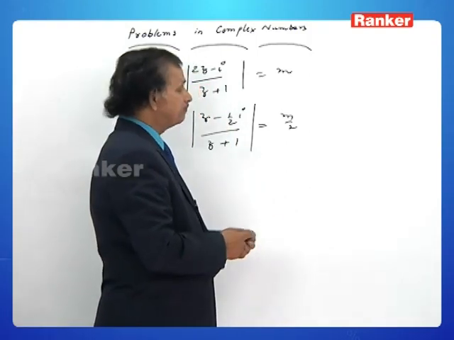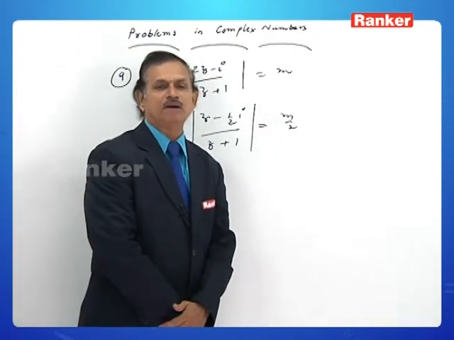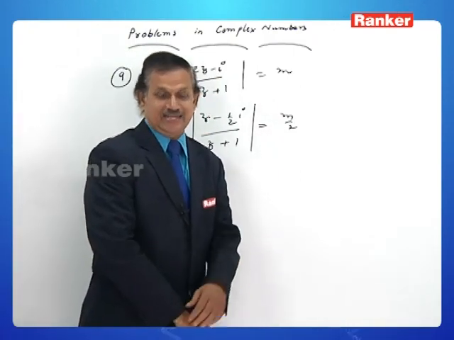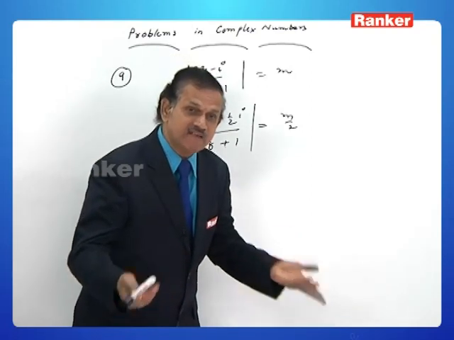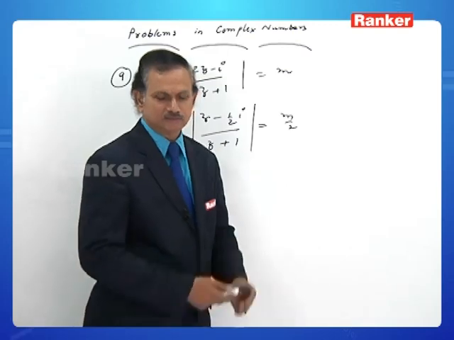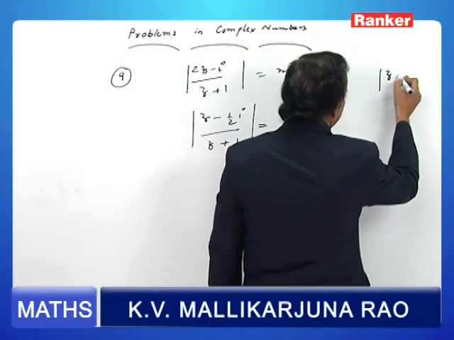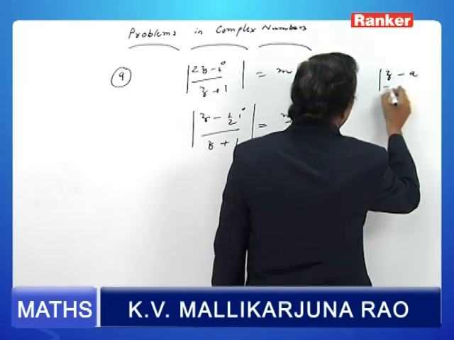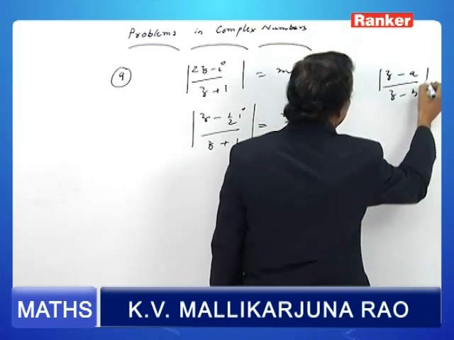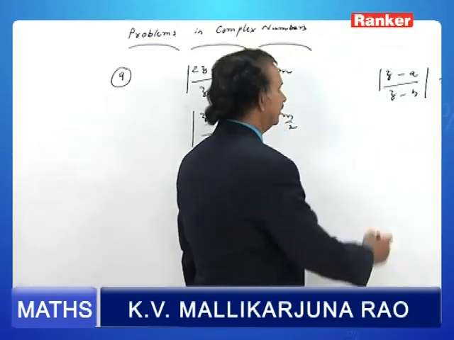Well, this represents a circle if M by 2 is not equal to 1. It does not represent a circle if M by 2 is equal to 1. Have you followed? Suppose there is a point, modulus of (z minus a) by (z minus b) is equal to 1. What is going to happen?